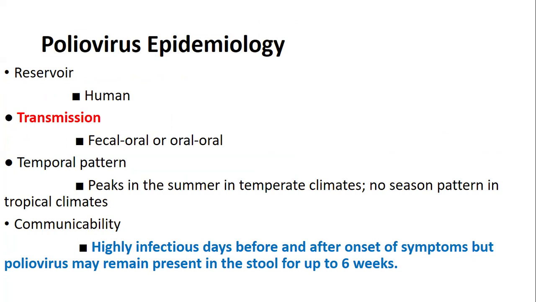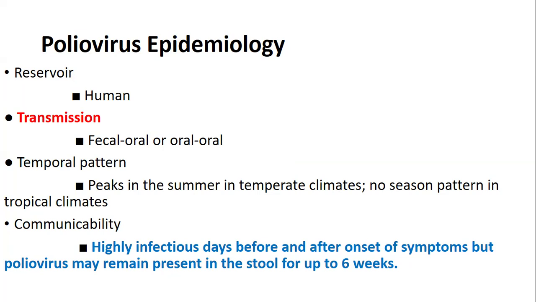The reservoir for poliovirus is humans, and transmission is through the fecal-oral route, or oral-to-oral route. It has a temporal pattern of spread in which it peaks in the summer in temperate climates, and there is no seasonal pattern in tropical climates.